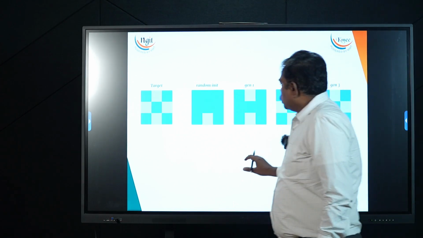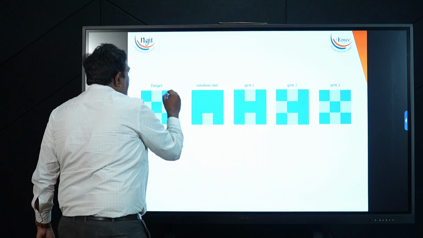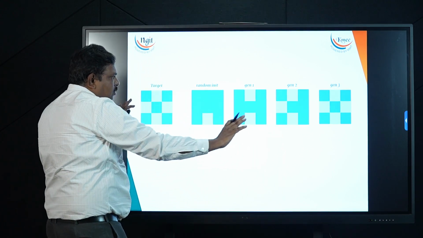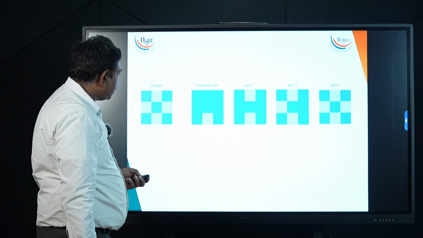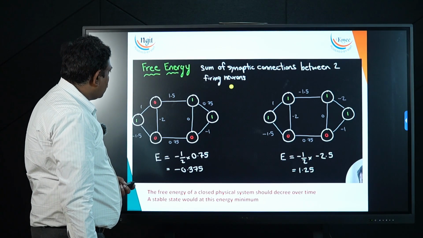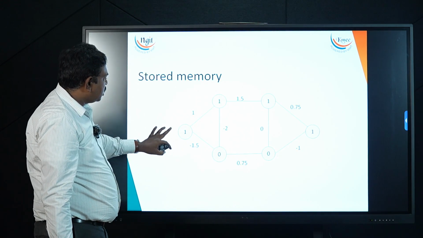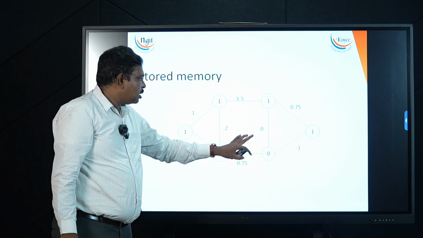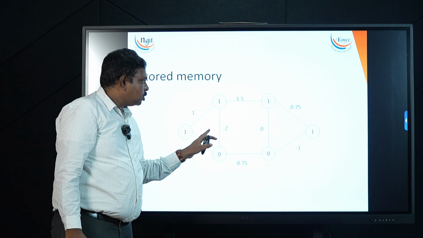I start recalling from this phase, and I have to reach this one; only then can I say my network can successfully store an image and recall that image. When I recall, the network should come to this stable state.